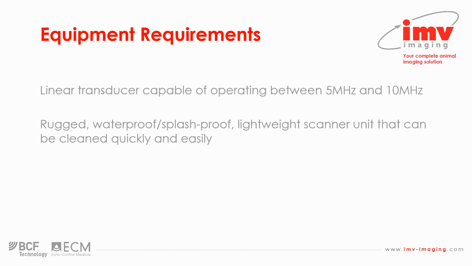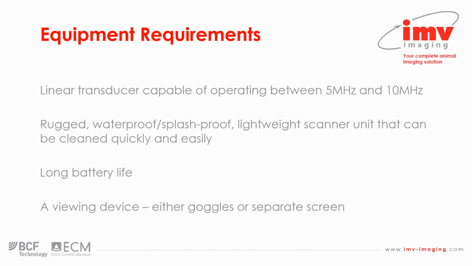I haven't included it on this slide, but it's also worth noting that we want it to be easy to use in the practical sense of the machine itself, and then also of any viewing device. We want it to have as long a battery life as possible. Obviously the fewer batteries, the fewer number of times and the shorter length of time we have to charge them for, the better. And we will of course need some kind of viewing device.